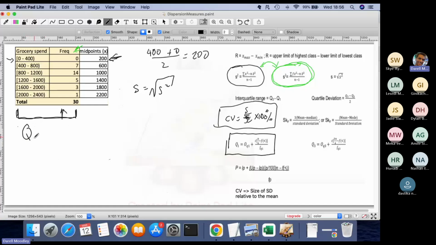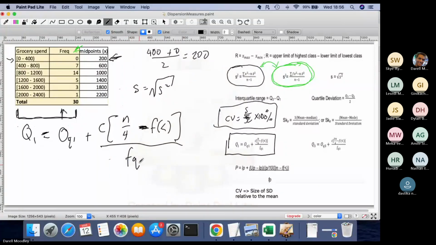So it's Q1 equals LQ1 plus C into N over 4 minus F of less than, all over FQ1. That's the formula. The trick is to just figure out how to get the values for the terms in this equation.